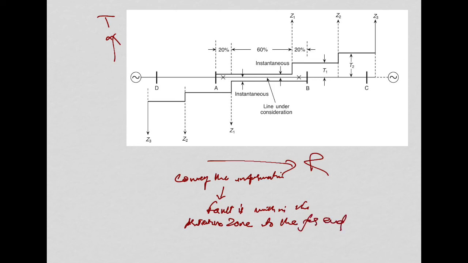If we convey the information from this end to the far end that the fault is within the protective zone, then the tripping from the remote end need not wait till the time t1 of the second step.